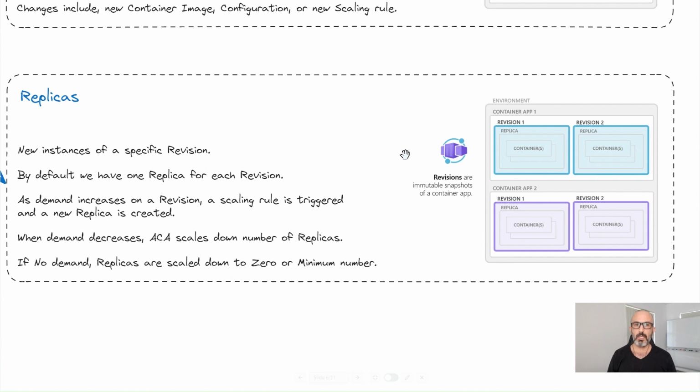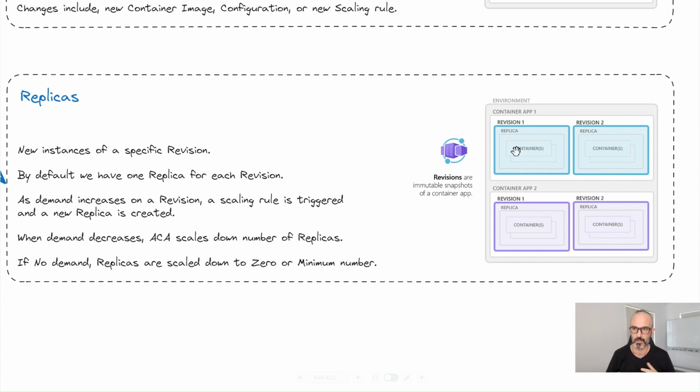The other concept here is the idea of a replica. A replica is a new instance of a specific revision. So it's the same revision, but you want to have new instances. By default, when we create a new container app, we have one replica of our container.